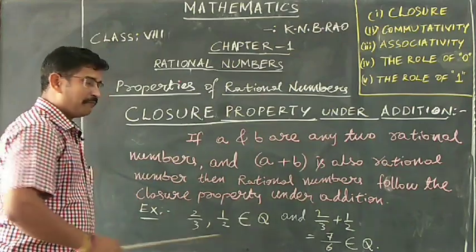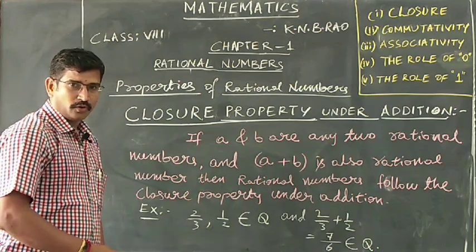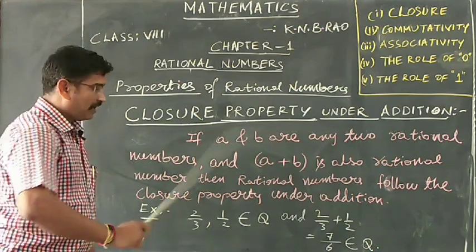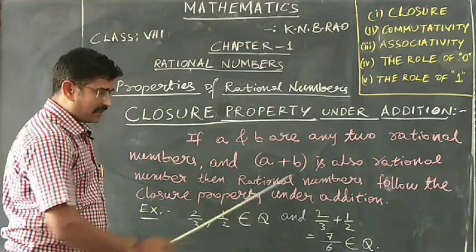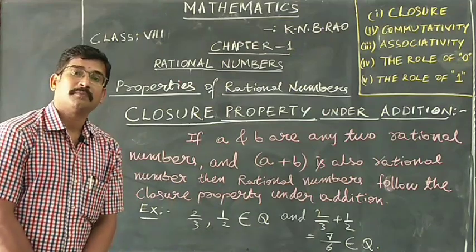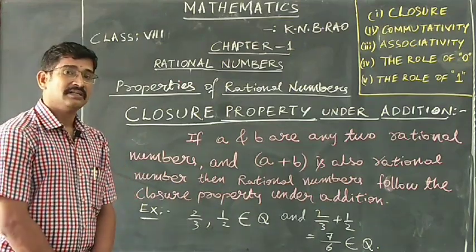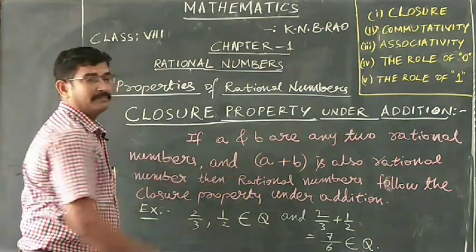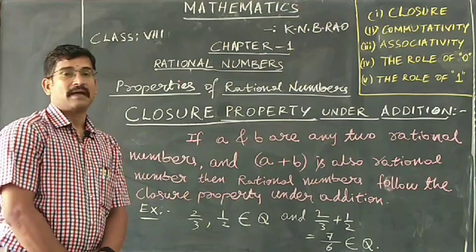So, here I have given from my side the example 2 by 3 and 1 by 2. You know these two are rational numbers only. If I add them, I will get 7 by 6. Certainly that is again a rational number. So, the rational number set follows closure property under addition. Now, children, if I change the operation, that is closure property under subtraction, what happens?